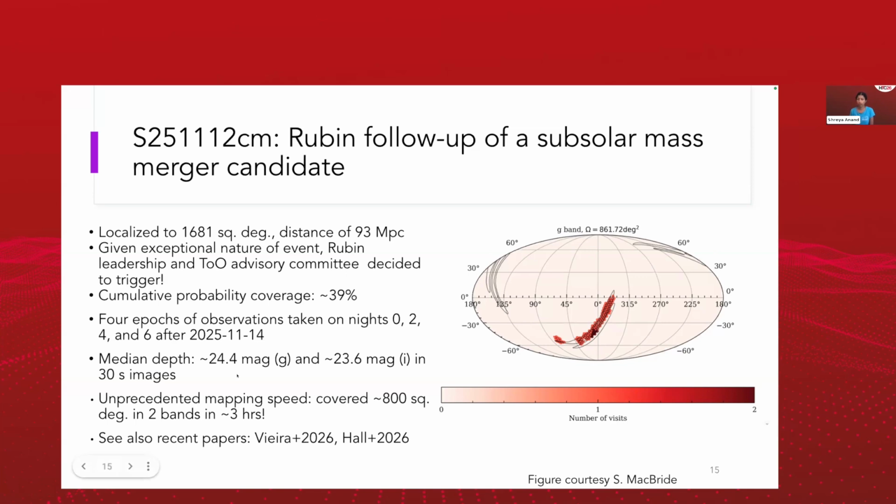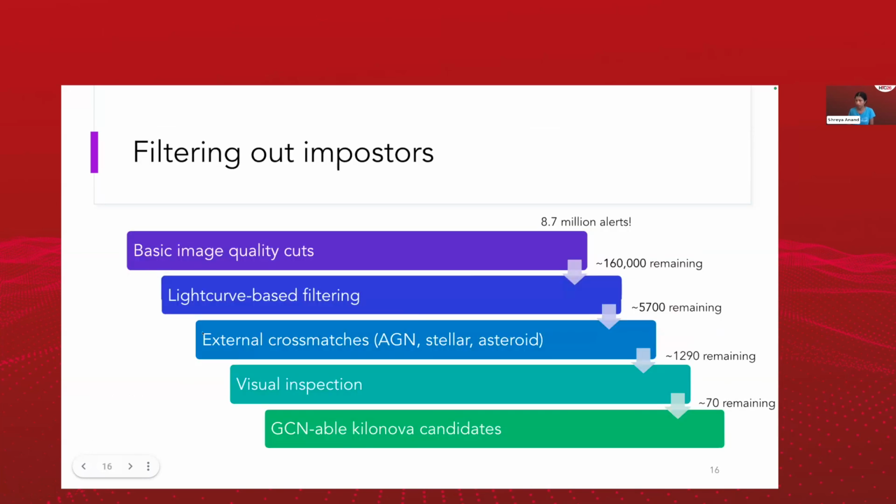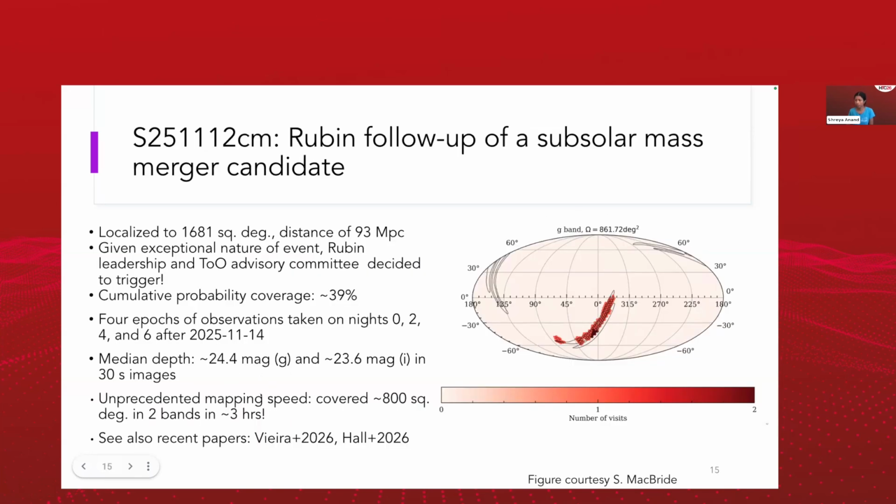And we performed 4 epochs of observations according to the plan. This allows us to get a really nice baseline for the transients and to more robustly distinguish kilonovae from contaminants. We reached a median depth of about 24th mag in g-band.